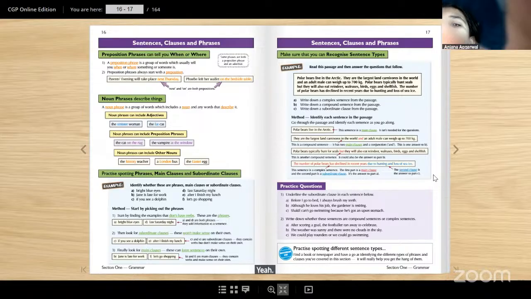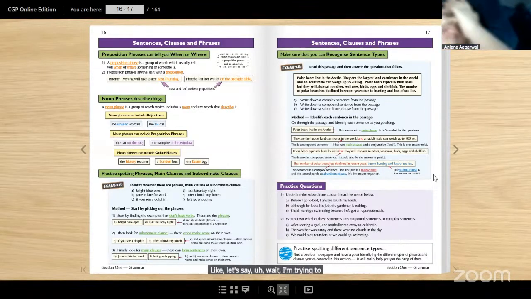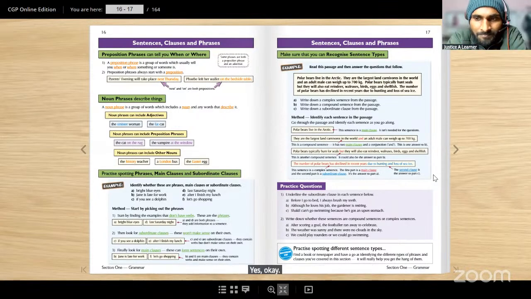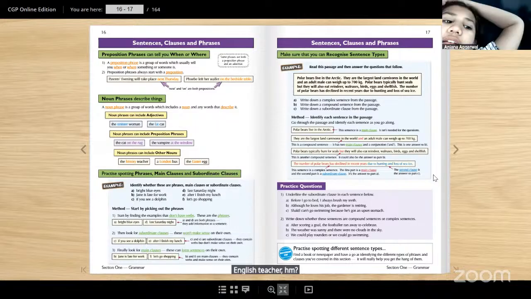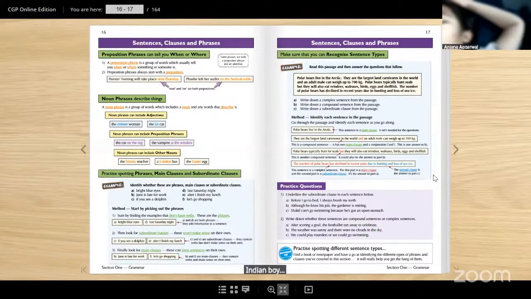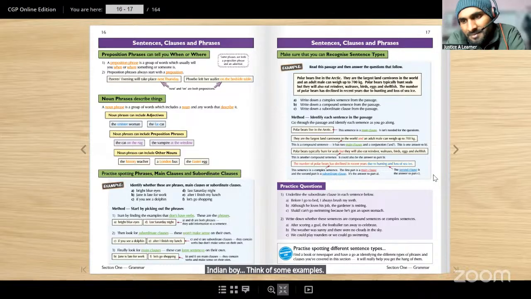Okay, let's say, I'm trying to think of one I don't understand. English teacher, US citizen, Indian boy. Think of some examples. I got it: yellow t-shirt.